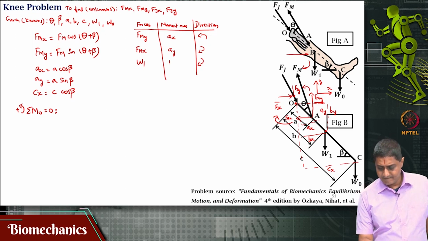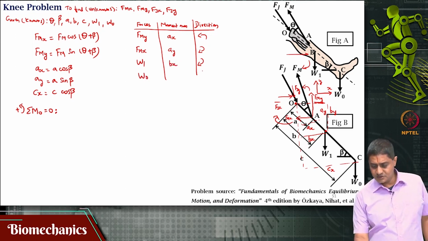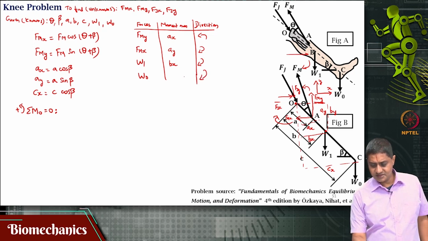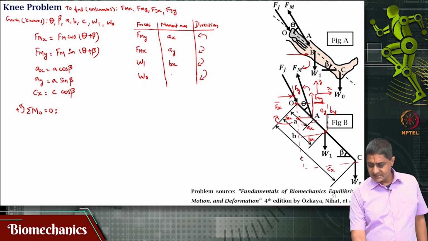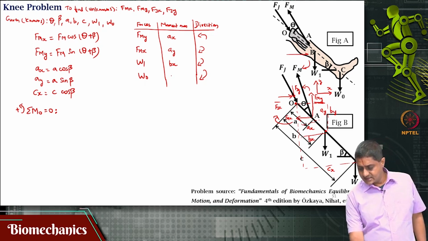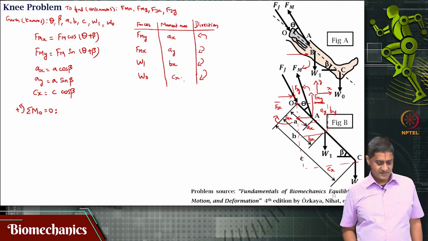Its moment arm is Bx. W0 can also cause a moment and its direction is in the clockwise direction. Its moment arm is Cx, is it not? Cx.